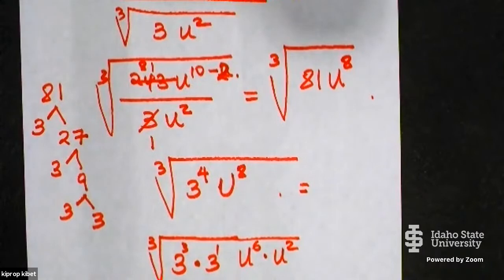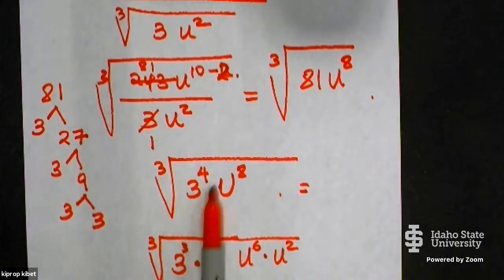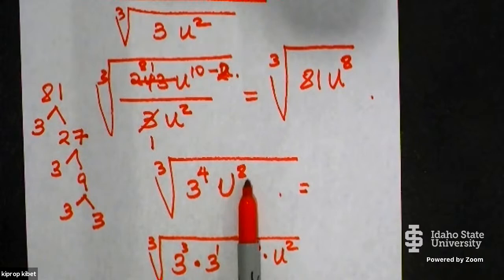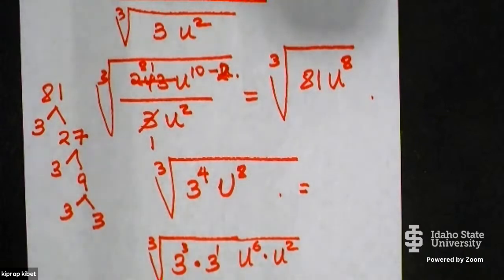Okay? So the bases are the same, so you can add the powers, right? You get 4 here, and for the powers here, you get 8. Now you can simplify from there.